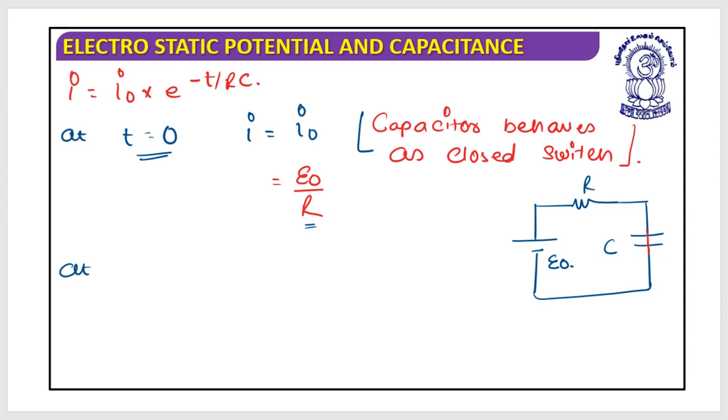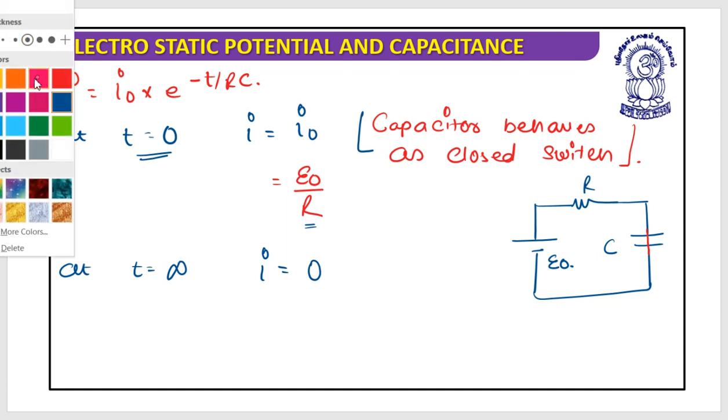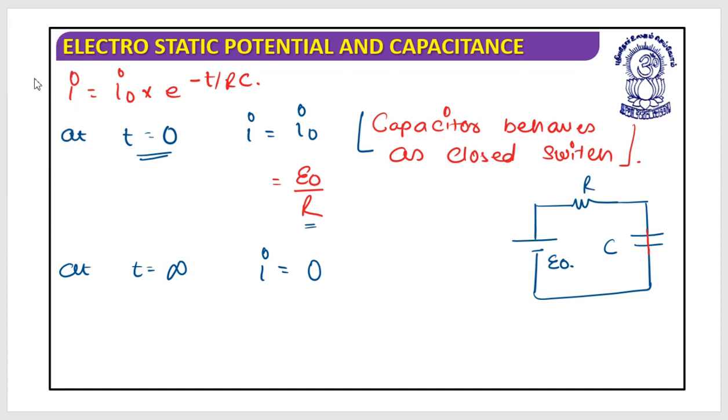Now one more instant, at t = infinity, I know that I = 0. So when I = 0, at t = infinity, that means this has been disconnected from here.